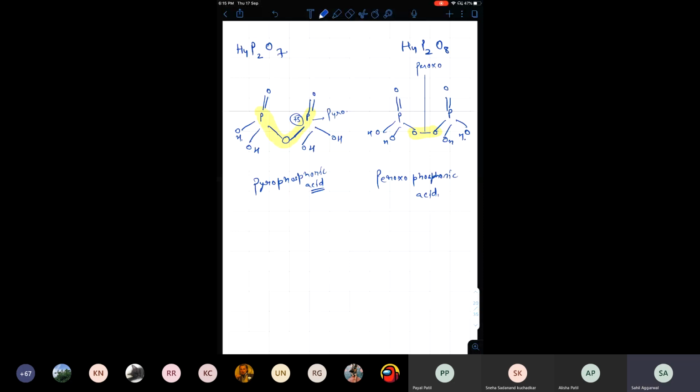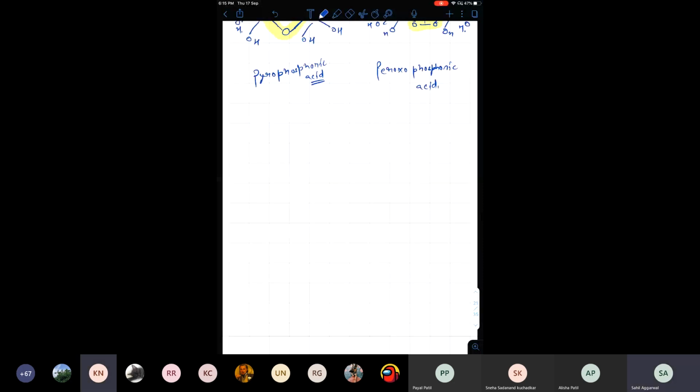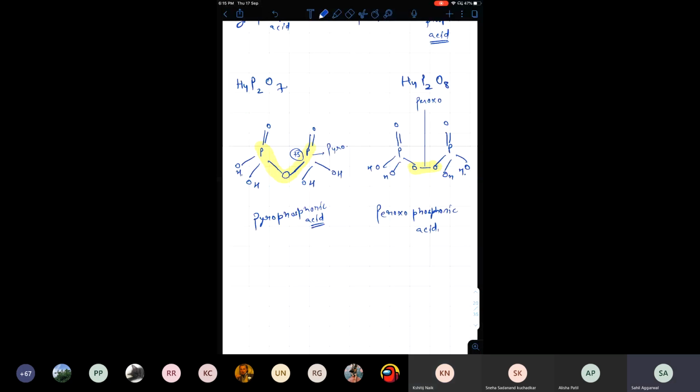So that pyro is including O and phosphorus also, right? Yes. Whenever we have, for example, element, O and element, this kind of linkage is called pyro linkage. This linkage is formed when you take two molecules and heat it. When you heat it, you remove a water molecule from it.